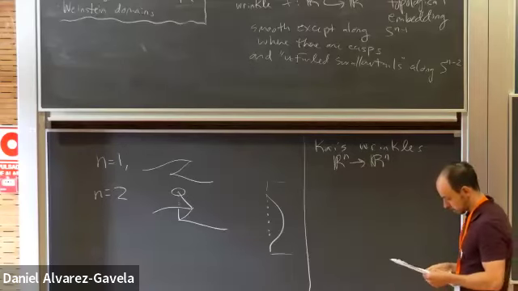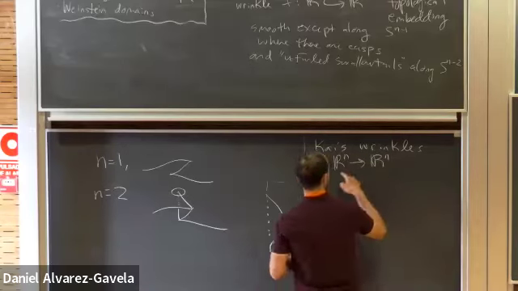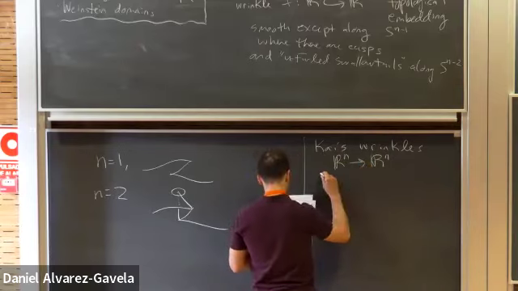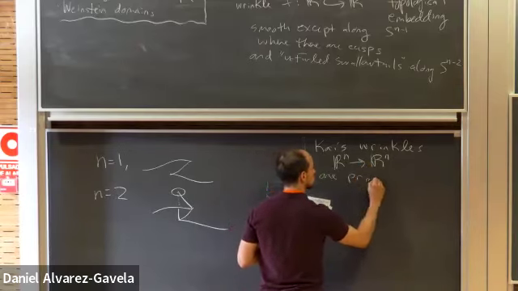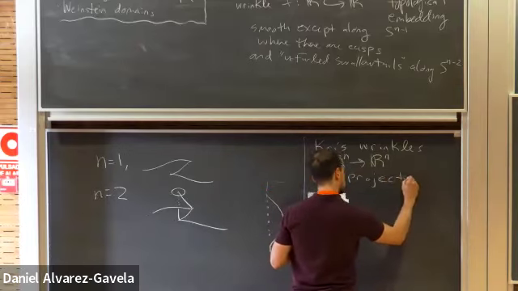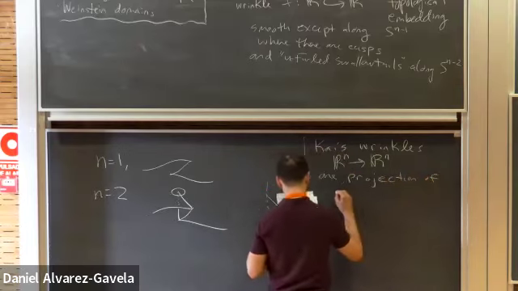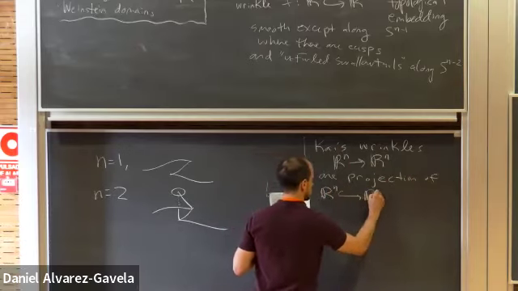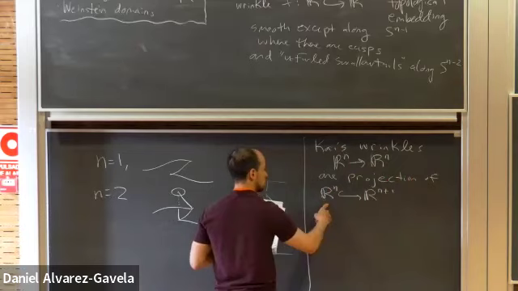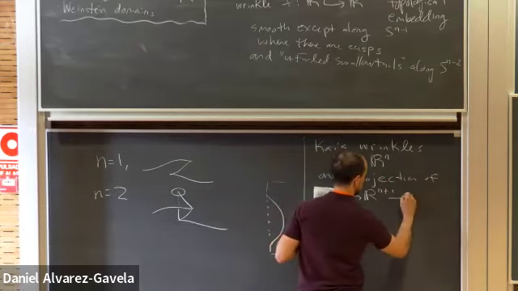So these are maps from Rn to Rn, and these submersions are projections of an inclusion of Rn into Rn plus 1.